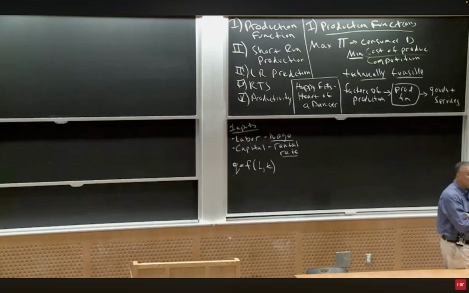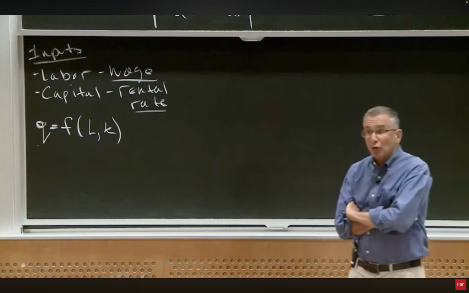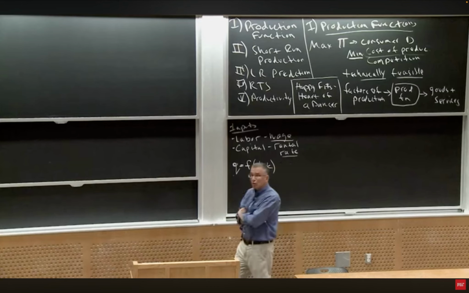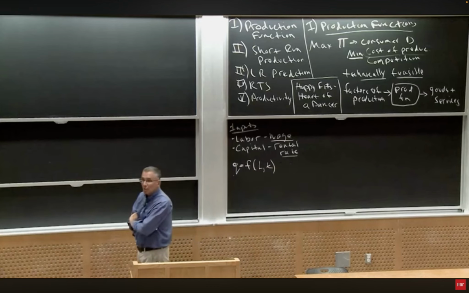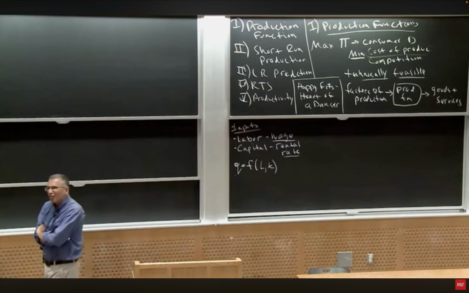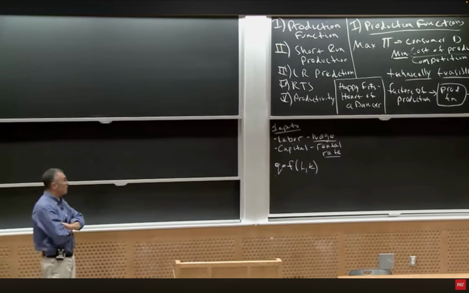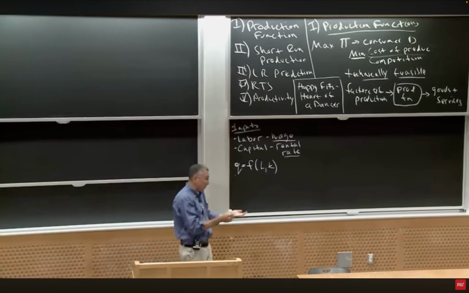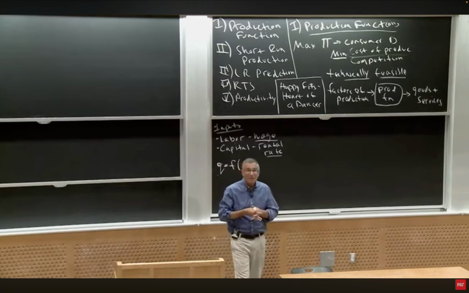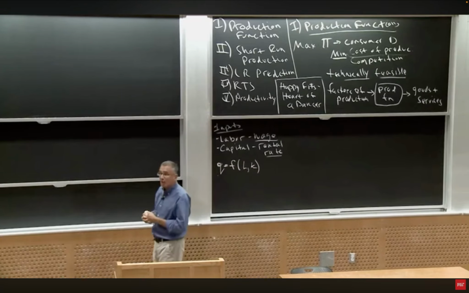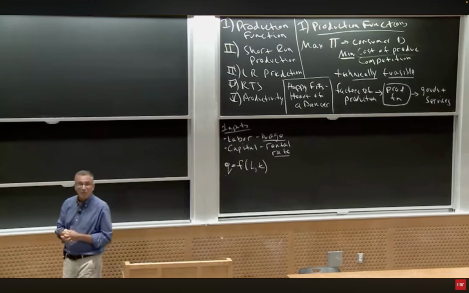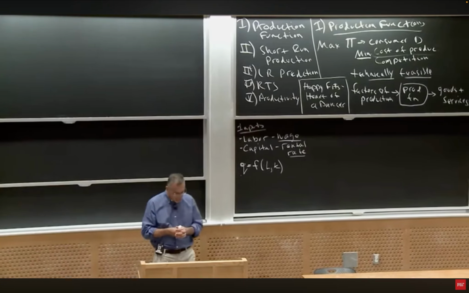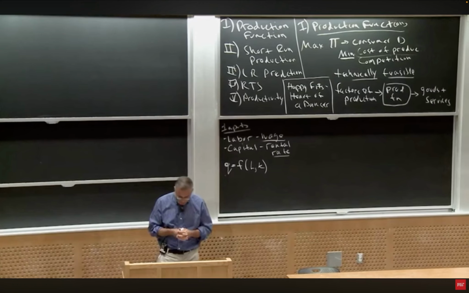That same intuition is going to carry over here to producer theory. So just like the utility function is a mathematical representation of how goods turn into happiness, the production function is a mathematical representation of how inputs turn into outputs. The utility function is a vague thing. A production function is a technology. You've got some inputs, and you produce an output. So the production function is just the technology that translates the inputs to the outputs.